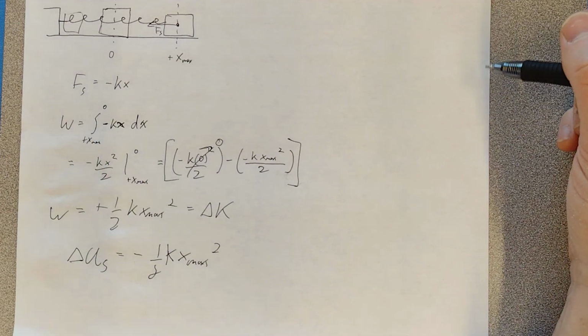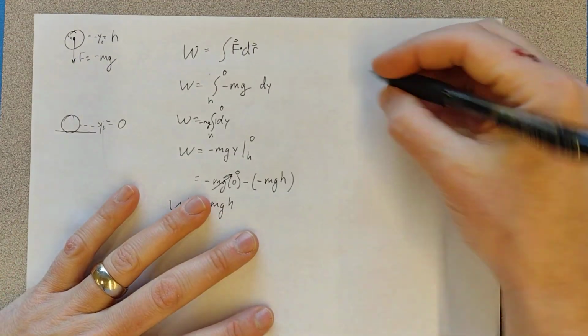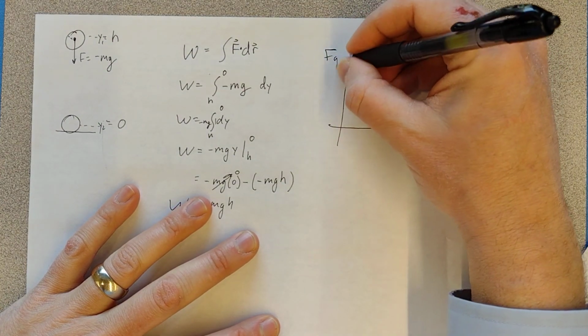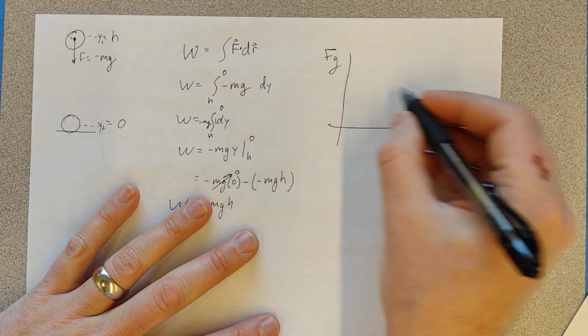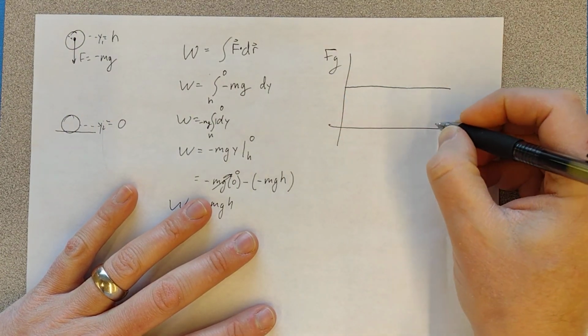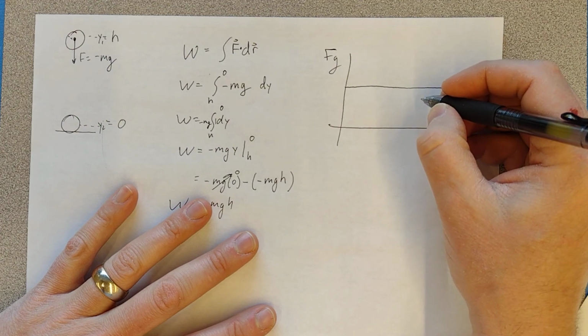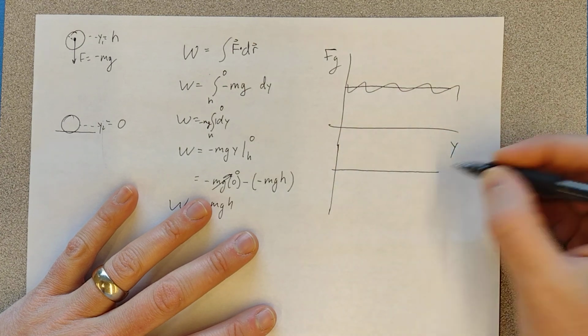So pretty cool examples. And I probably should have looked at the graphs of doing this as well, right? So if you look at this from a graphical perspective here, gravity, Fg and y, the force of gravity versus the height here, well, close to the Earth, it's just a flat line. I guess you should have done it like this, right?